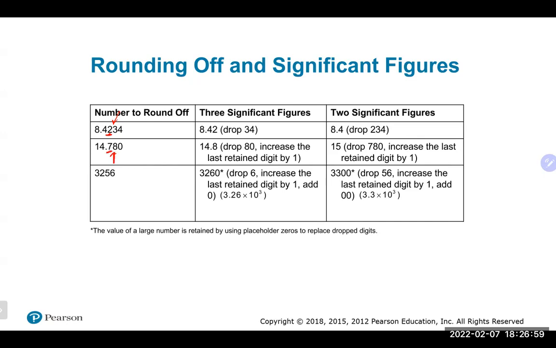So we would round that to 14.8 for 3 significant figures, and 15 if we were shooting for 2. And lastly, if we were going for 3 sig figs, we would look at the 6, so we would round it up to 3260. Again, you do need that 0 there. If you dropped it, you would have 326, which is very different than 3,260.